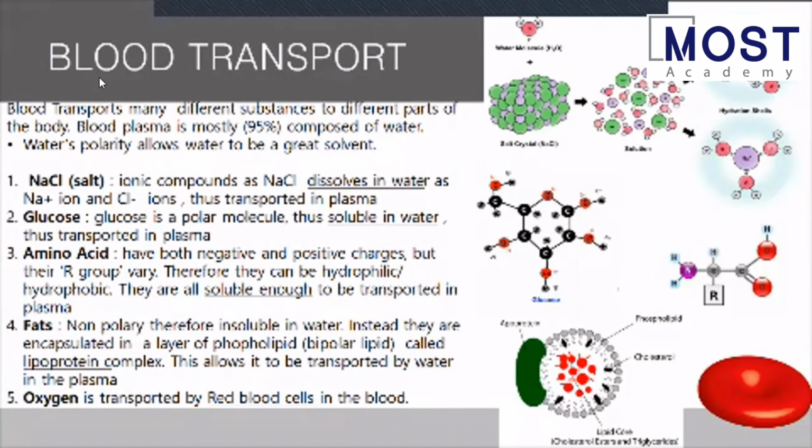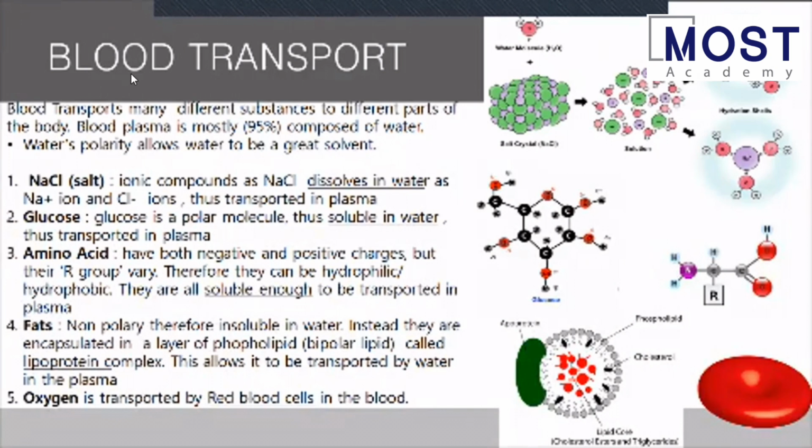Salt is an ionic compound, meaning sodium, Na, is a positive ion, Na plus, and chloride is a negatively charged ion.